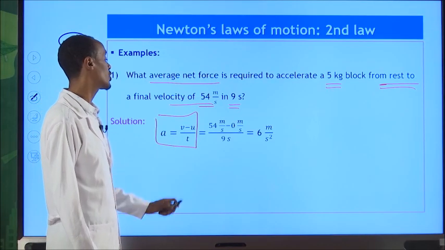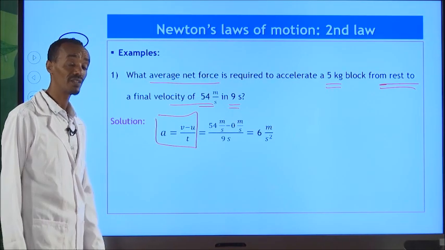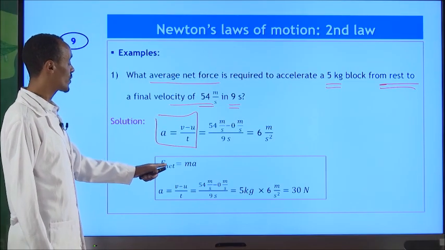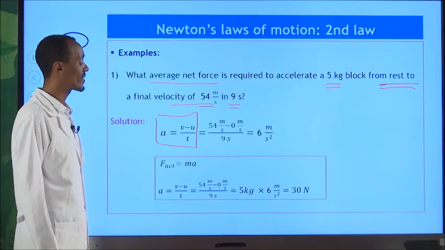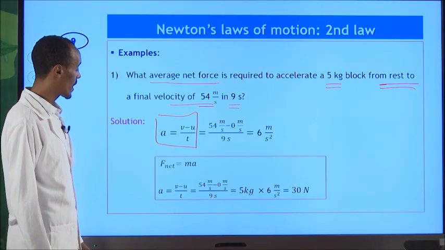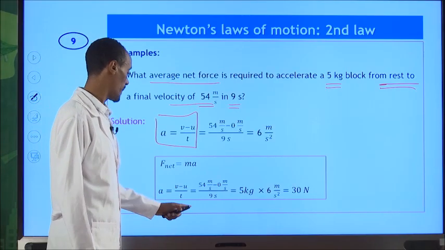So the acceleration of the object is 6 meters per second squared. The net force, from Newton's second law of motion, is F net equals mass times acceleration, and we have already calculated the acceleration.